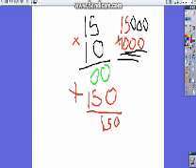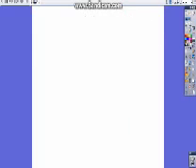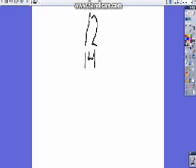See? So now let's go to just regular 2 by 2 problems, like 12 times 14. Okay, so you would multiply 4 by 2 and 4 by 1. So that would give you 8 and then 48, so you would get 48.